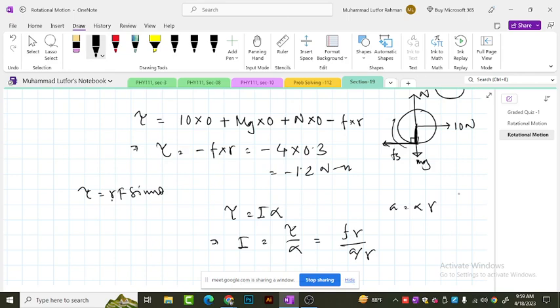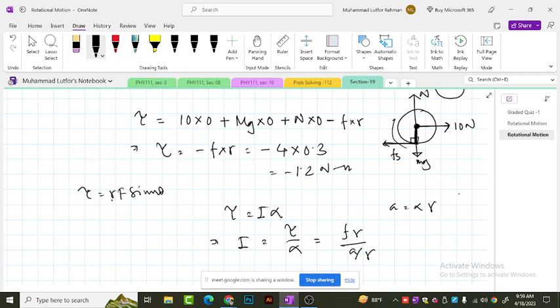This wheel is rotating about this point, which is the center of mass, and I also apply the force at that center of mass. Then what would be the value of r? Your force and your center of mass are at the same point, so r is 0. For mg it is also 0.